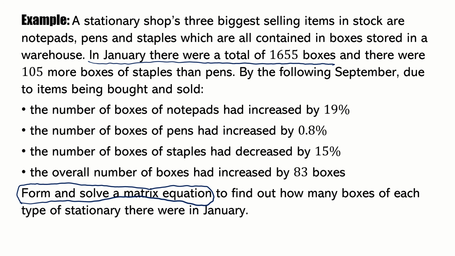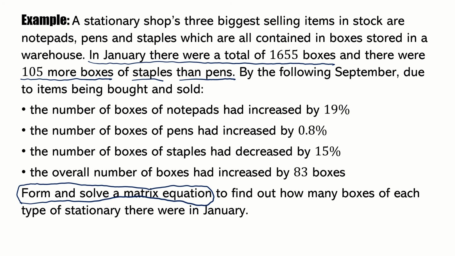Then traveling on to the next part of the sentence, because that gives us more information leading to another equation, because they tell us there were 105 more boxes of staples than pens. Now you've got to be really careful with these sort of wordings, because students obviously realize it's something to do with adding or taking away, and the number 105 is clearly important, but commonly people will put the 105 in the wrong place.